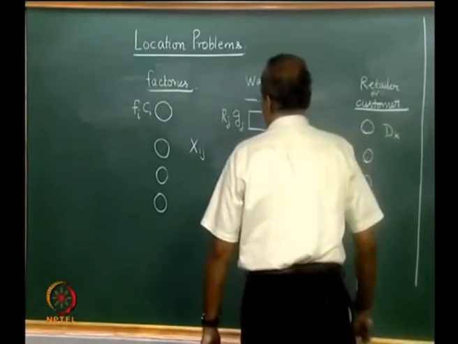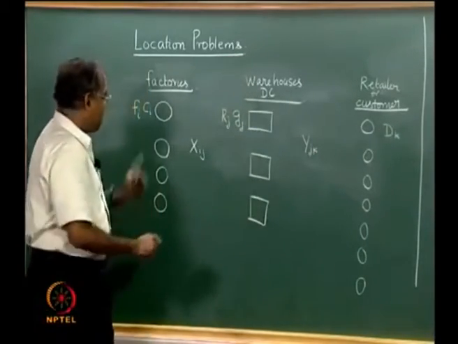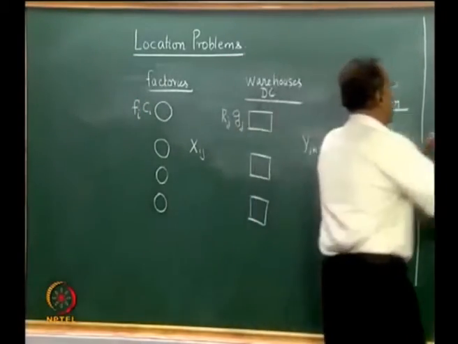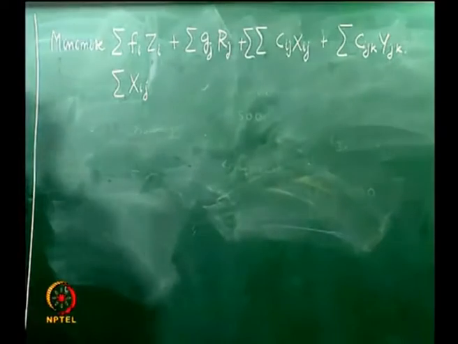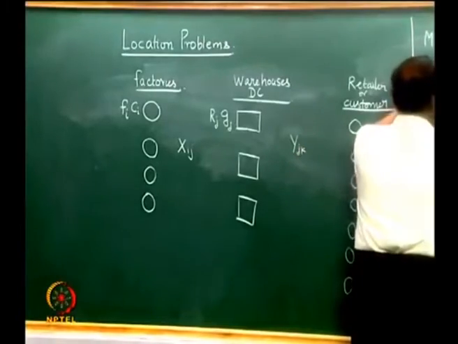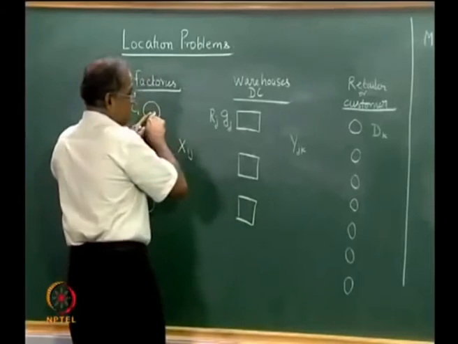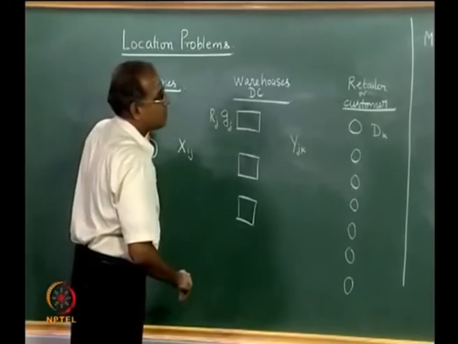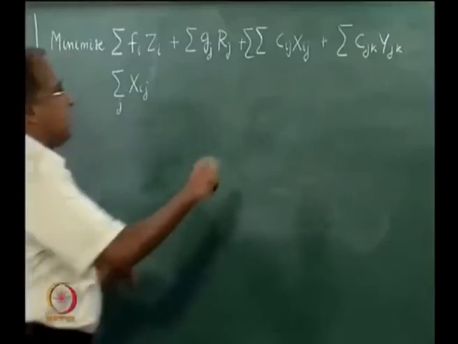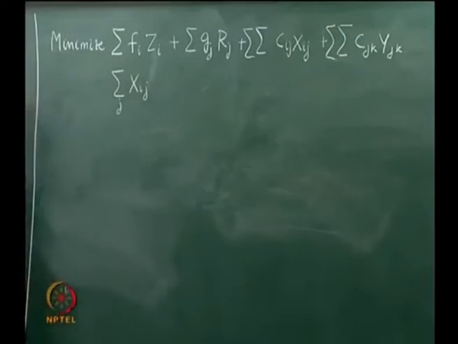Now, the first thing that we require is this. So, what goes out? So, sigma Xij from a particular I summed over all j. There is a second summation also here because two facilities are involved.